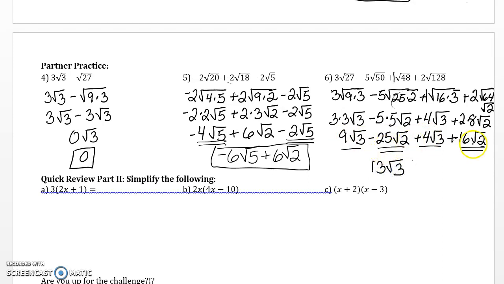And negative 25 plus 16, think negative 25, positive 16 is going to give me a minus 9 square roots of 2. Now these are not like terms because they do not have the same radicand, the same value under the square root. So that is the simplest I can make it, is 13 root 3 minus 9 root 2.